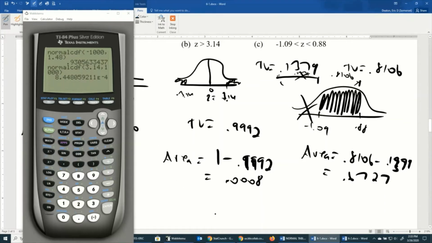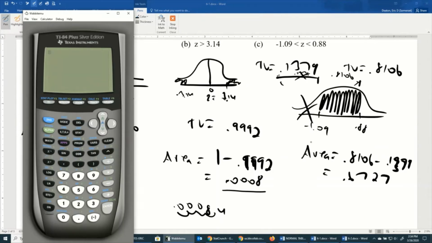We see an 8.4 E negative 4. That is scientific notation, which means negative: you make it smaller, so you go to the left 4 places. 1, 2, 3, 4. Throw in zeros for the missing places and notice 0.0008 is the same thing we got. So it is the same thing, just scientific notation.